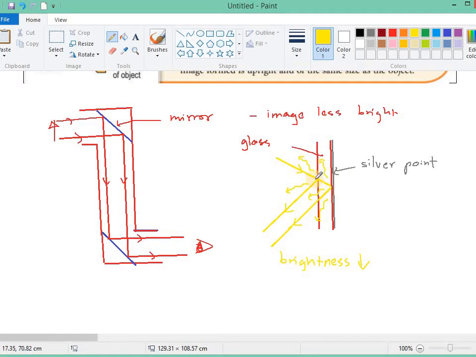Okay, if you see from here, the light goes in, you have to pass through the glass, then only reach the silver, then only can reflect. But this surface of the glass is able to reflect a little bit of light because of the smooth surface. Any smooth surface can reflect light. That is why when you look at any glass, the glass is supposed to be transparent, but you can see a little bit of your own reflection on the glass.